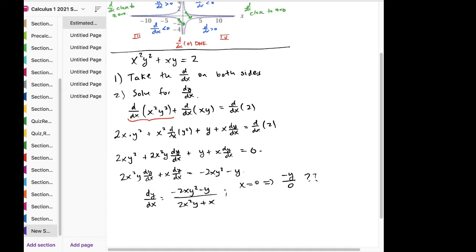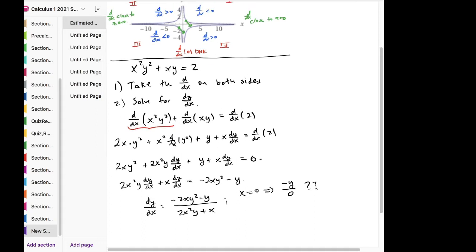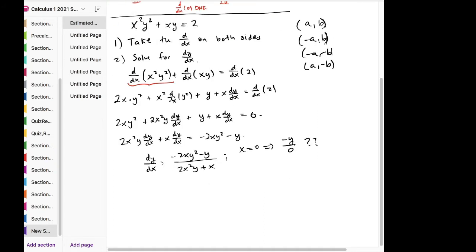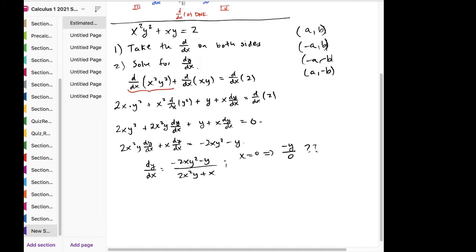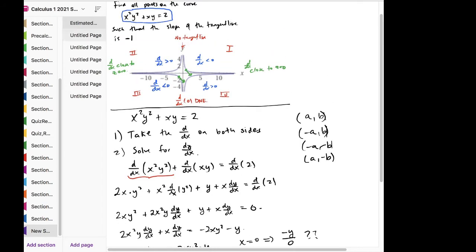Probably do some other things where you could plug in a, b, negative a, b, negative a, negative b, and a, negative b, to check for the quadrants, but we don't have to do that. So anyway, the goal here is to find all points such that the slope is negative 1.